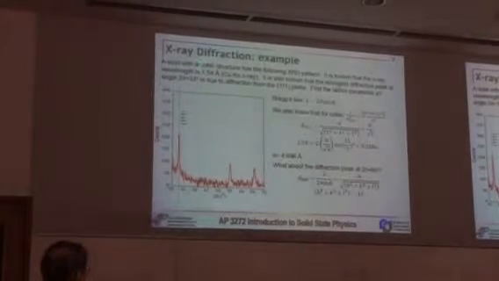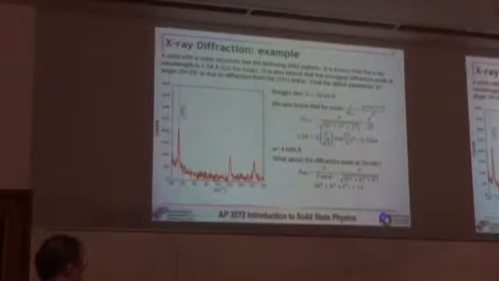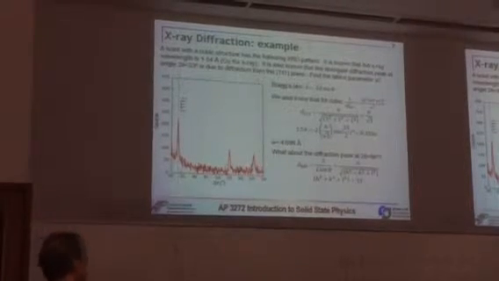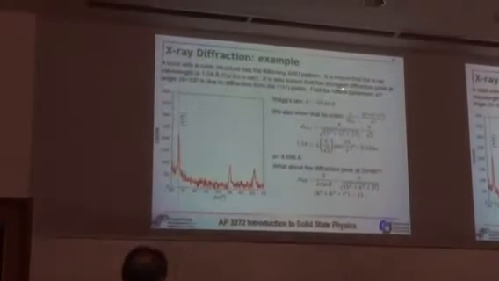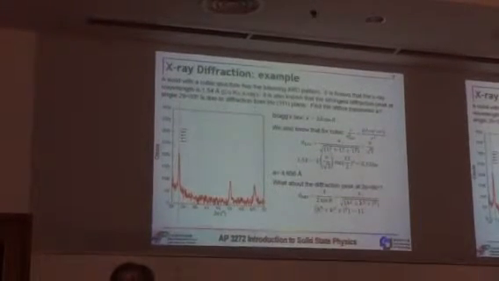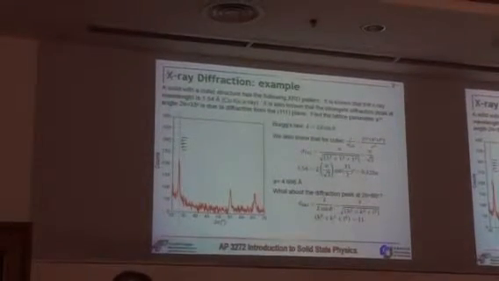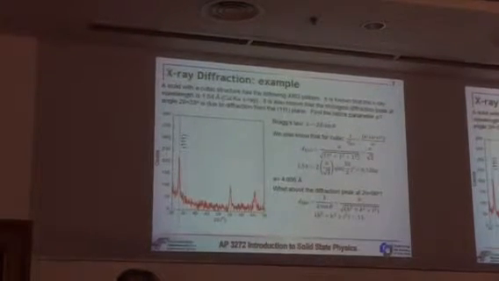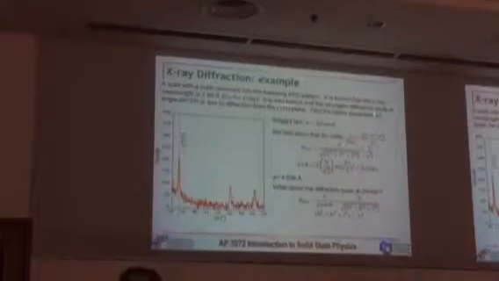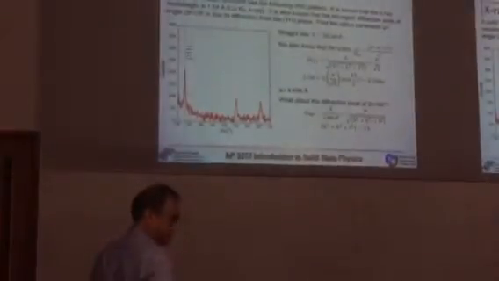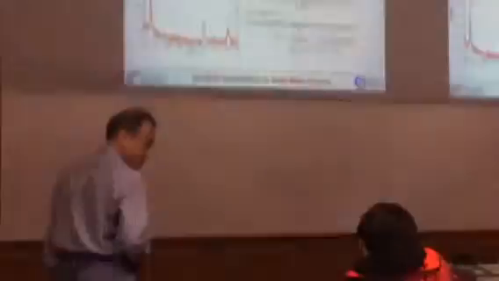When you see an X-ray machine, normally it's this wavelength. It's a copper X-ray tube. We also know that the strongest diffraction peak, in this pattern, is 111. So find the lattice constant of this film. If I tell you this is a cubic film, can you do that?